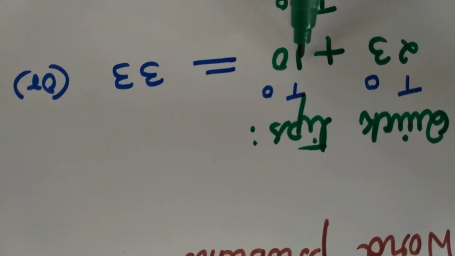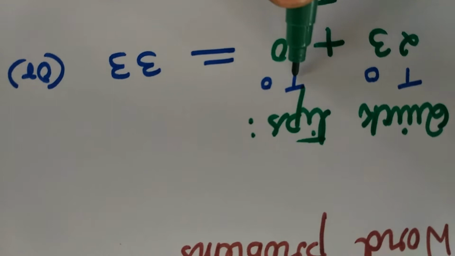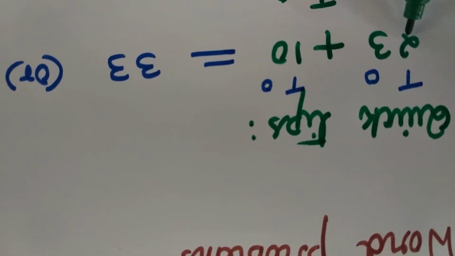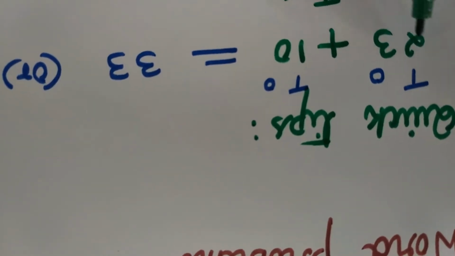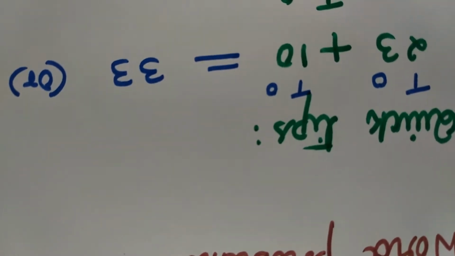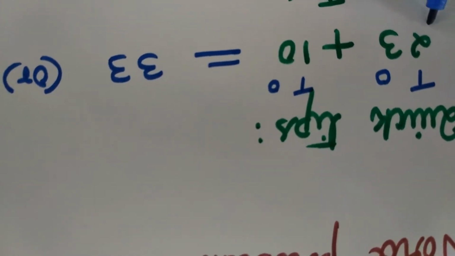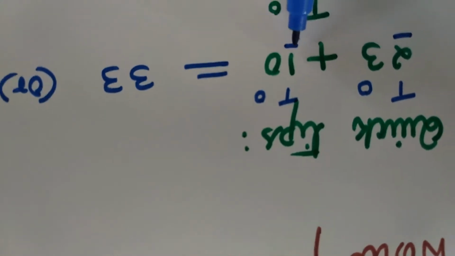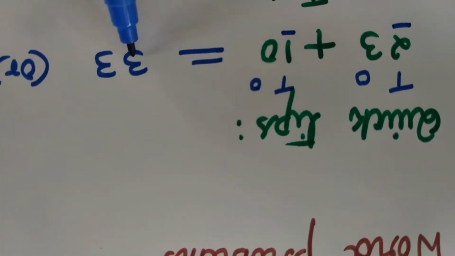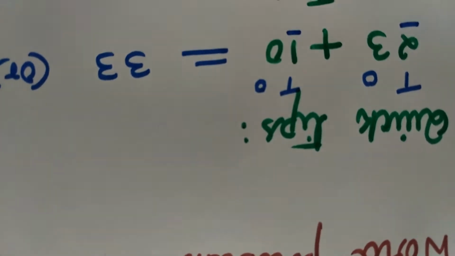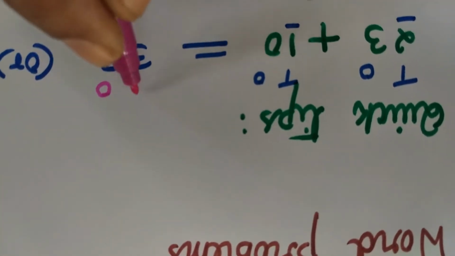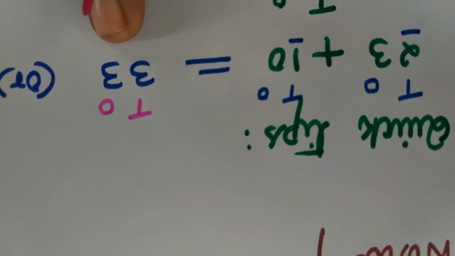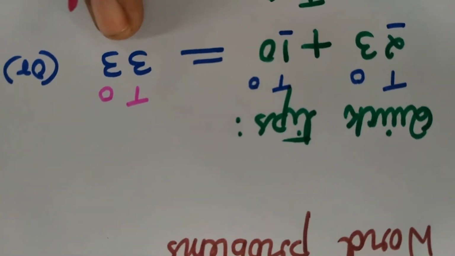See here. In this number 10 we have only 1 tens and in this number 23 we have 2 tens. Now you want to just add these two numbers alone in tens place. Okay. So 2 plus 1, 3. So you want to write here 3. Okay. So this is ones place and this is tens place. So what is the answer we got? 33.